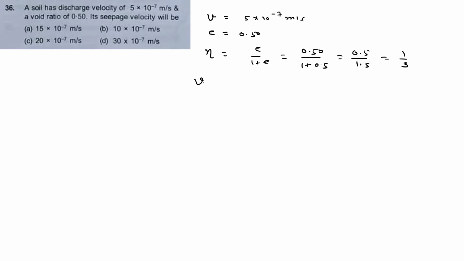So seepage velocity is superficial velocity divided by porosity: 5 into 10 to the power minus 7 divided by 1 by 3 is 15 into 10 to the power minus 7. So option A will be the correct answer. This is the seepage velocity, the actual velocity, and the other is the superficial or discharge velocity, which is not the actual velocity.